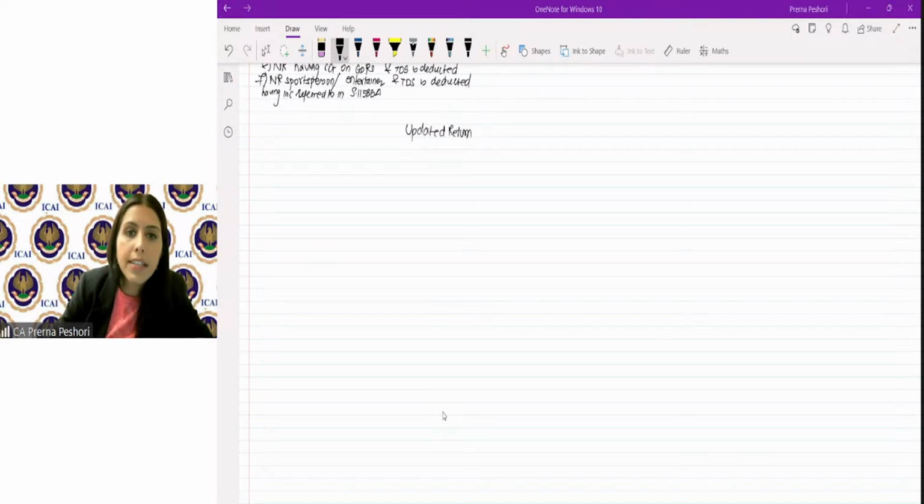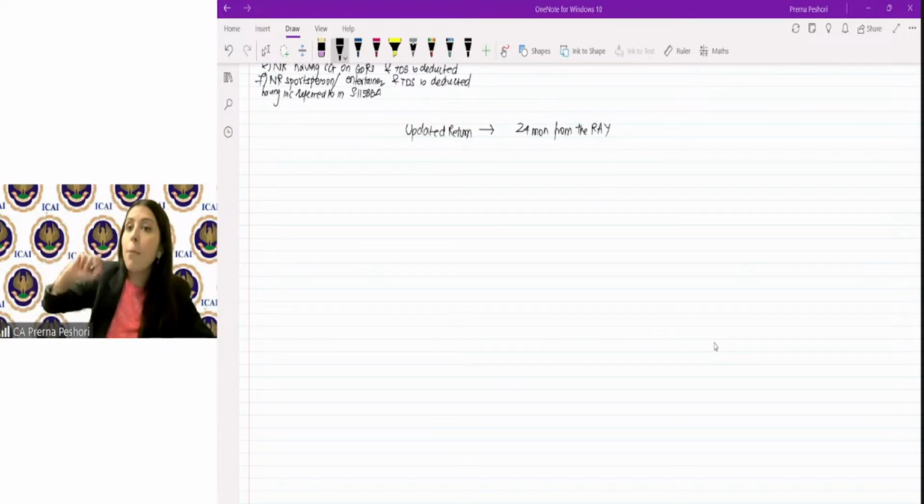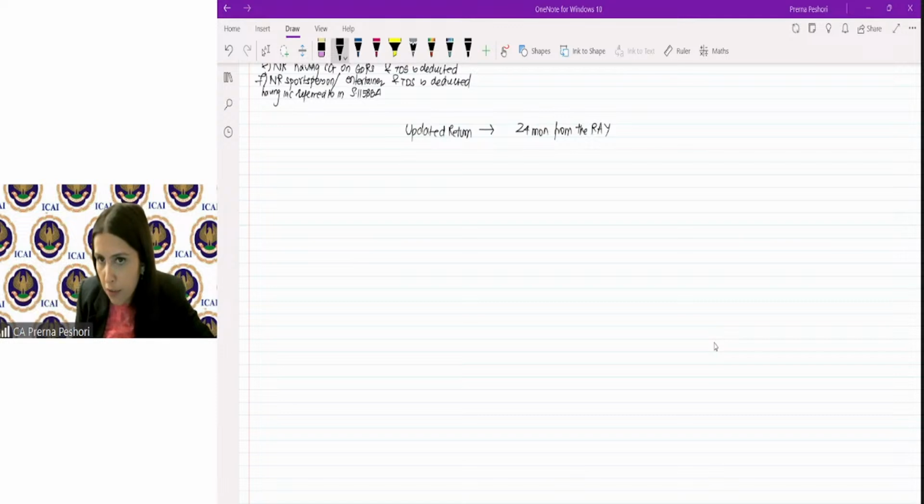In case of the updated return, the assessee has the option to furnish this updated return within 24 months from the relevant assessment year. Meaning, for this particular financial year, you can file the updated return. So this assessment year is going to be 24-25, right?